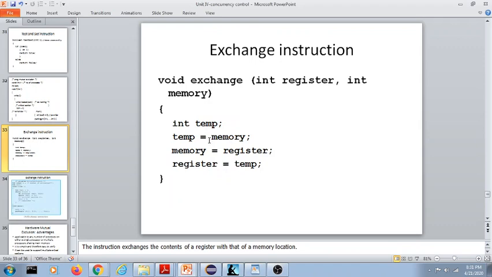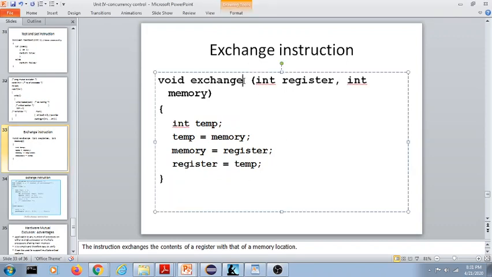That is the meaning of atomicity, or the indivisible nature of these instructions. So exchange instruction, like your test and set instruction, provides you the mutual exclusion. It is the atomic, indivisible instruction. There is a complete subroutine behind that particular exchange instruction.